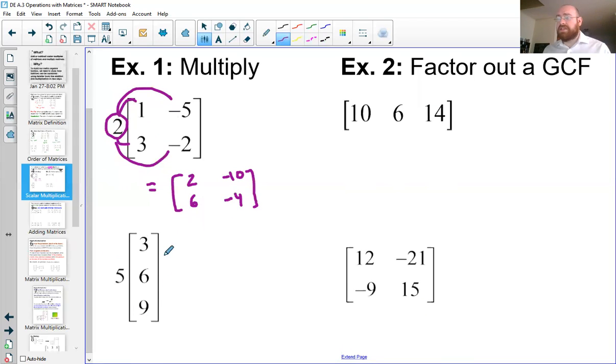If we look at our second example, again, we are distributing the number on the outside of our matrix to the numbers on the inside. So we would have a matrix. Note that it's a 3 by 1 matrix with 15 as the first coordinate, 18 as the second coordinate, and 20, not 27, and that's not 18.